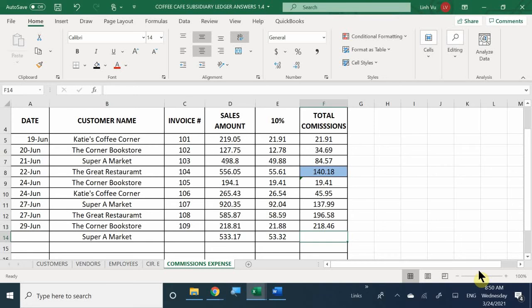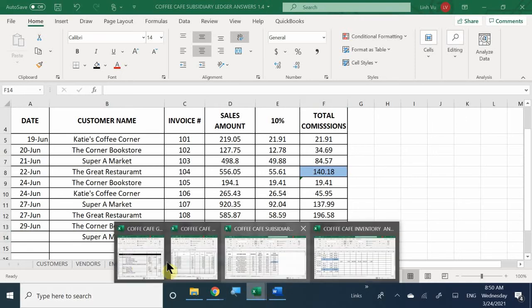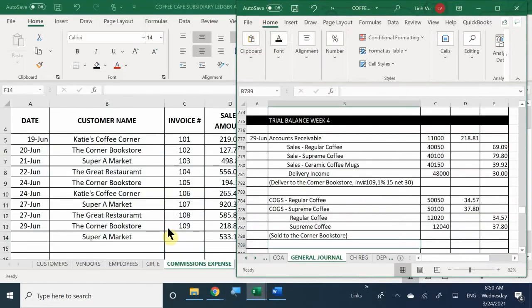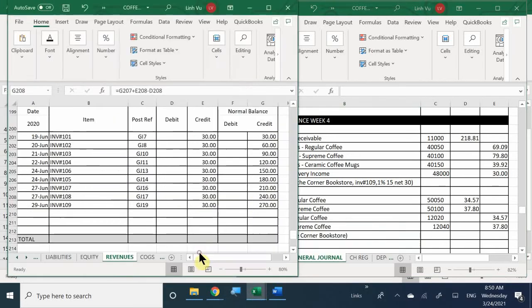What's next? The general ledger, right? We've got to update our inventory, and we also have to update our cost of goods sold. So here we are. We're going to go to cost of goods sold.